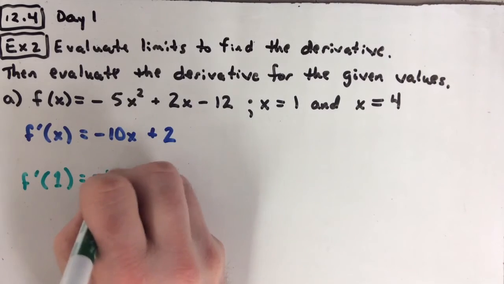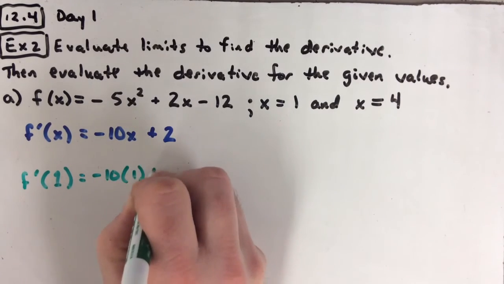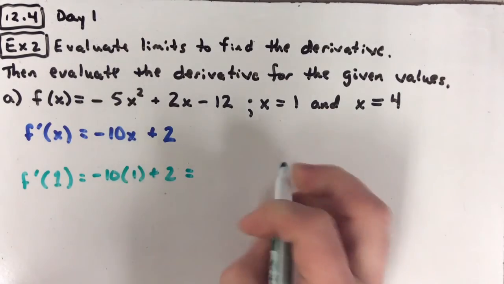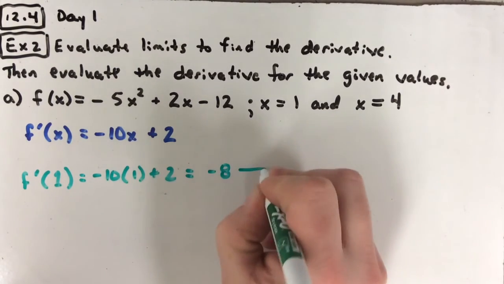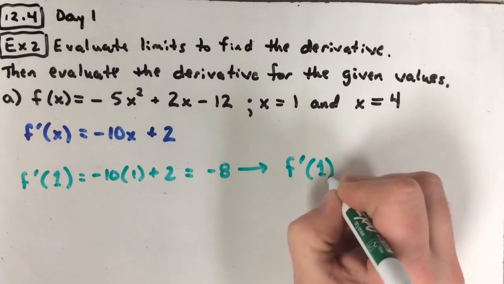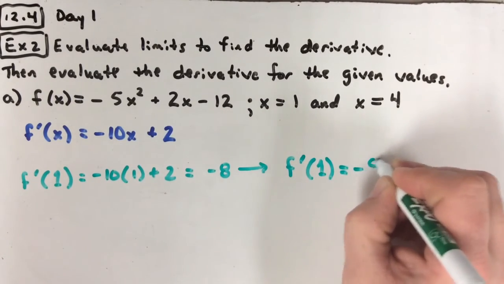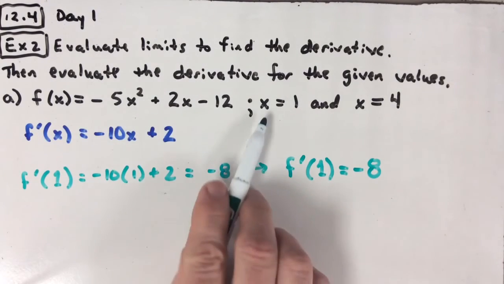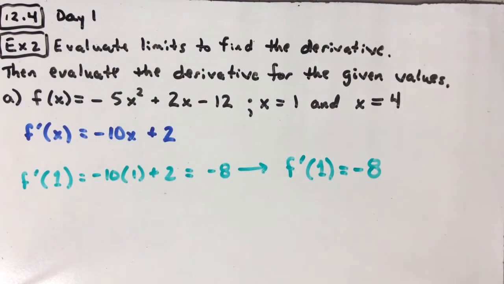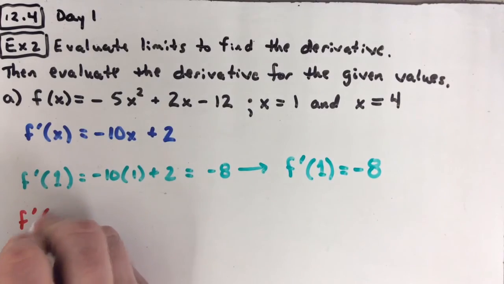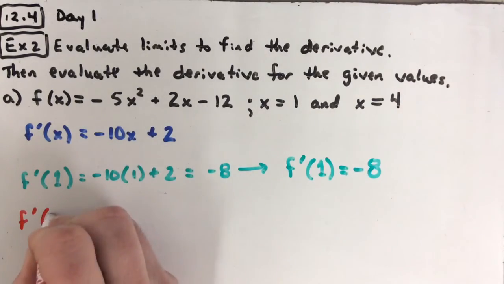So it becomes negative 10 times 1 plus 2, which is equal to negative 10 plus 2, or a negative 8. So f prime of 1 is equal to negative 8. The slope of our tangent line, when x is equal to 1, is negative 8. Those are all synonymous with each other.